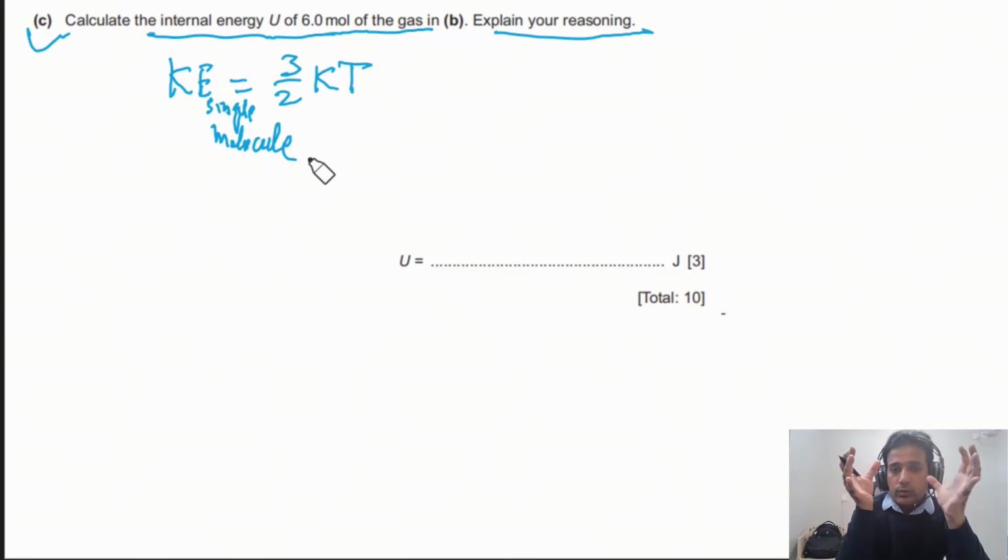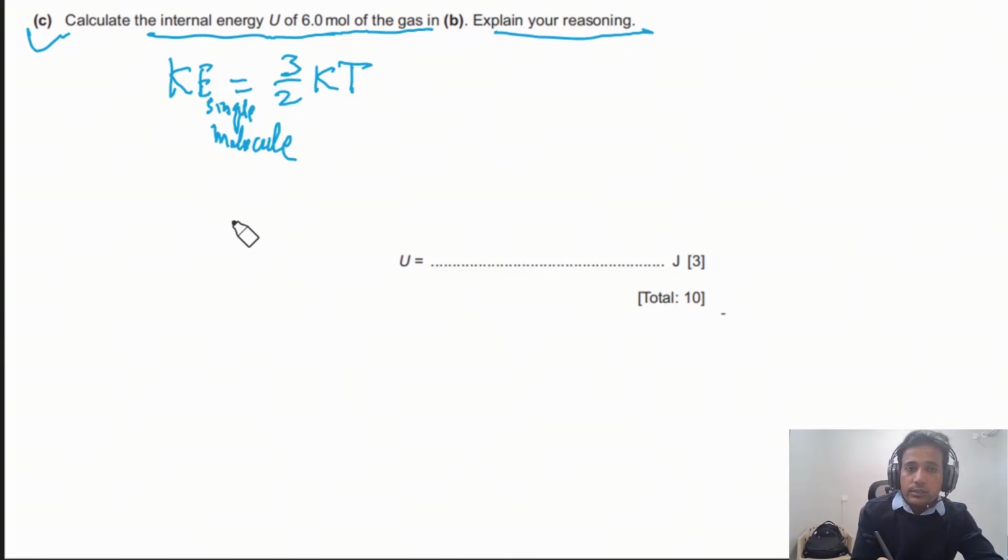We need to calculate the internal energy, and internal energy is the sum of kinetic energy and potential energy. In this case we are talking about ideal gases. Ideal gases do not have intermolecular forces, so they do not have potential energy.